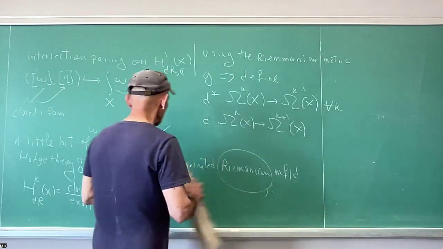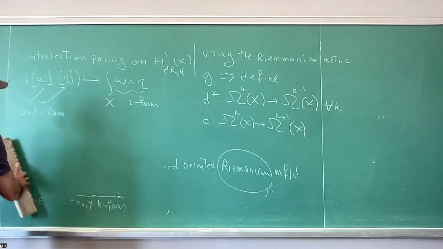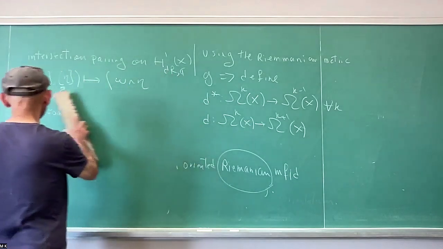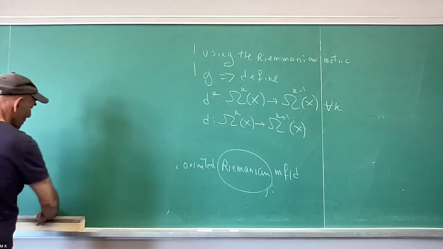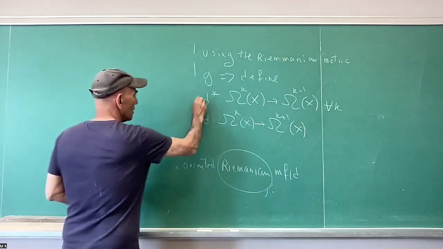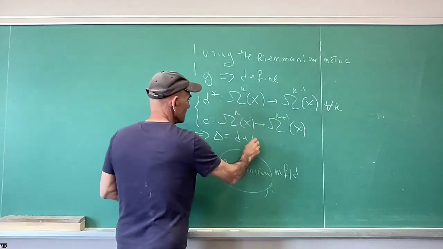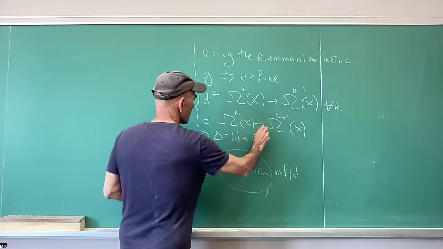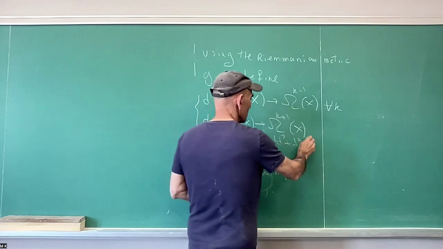Okay, but then you define something called the Laplacian, which is actually called the Laplace-Beltrami operator, so let me write it. Using d and d star, you get delta, which is equal to (d plus d star) squared, which is d d star plus d star d.